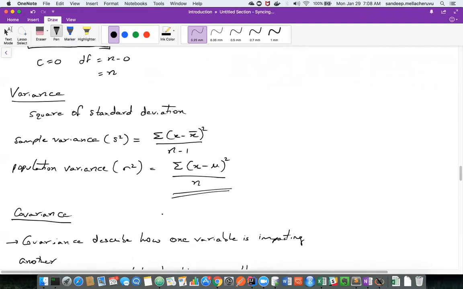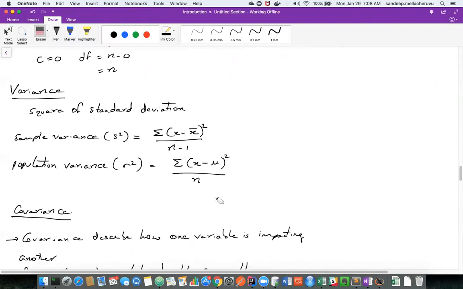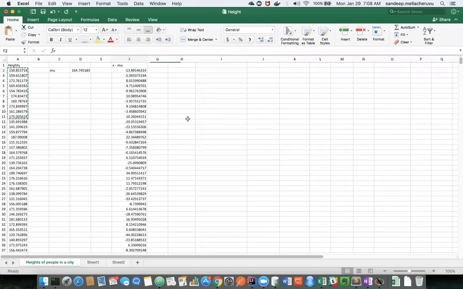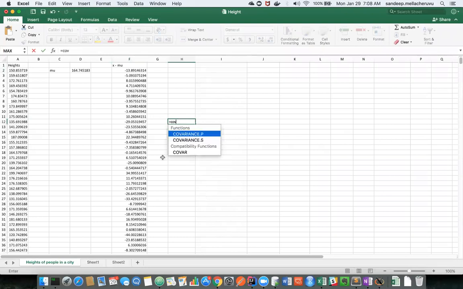Remember this. So similarly, even if you want to do it for population, let's say you have all the data for population, you already know the concept. For population, you can straightforwardly use n, not n minus 1, right? So for covariance, if you want a population covariance, just go for n. In fact, in Excel, I believe there is a population covariance formula. Yeah, you can see here, sample and population. What does it mean by population? Again, the same thing, whatever I described.